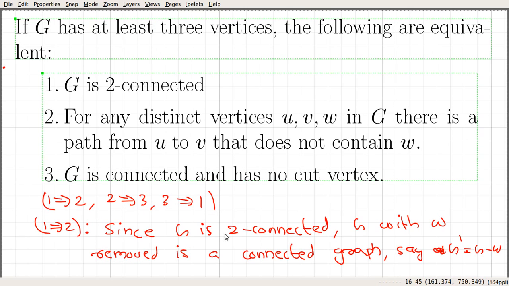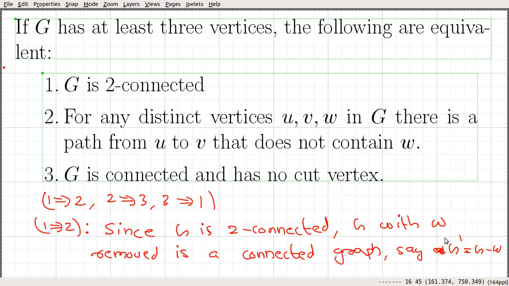Since the graph is 2-connected, we need to remove at least 2 vertices to get the graph disconnected. So let's delete this vertex W and obtain this graph G dash. Since G is 2-connected, G dash is also a connected graph.